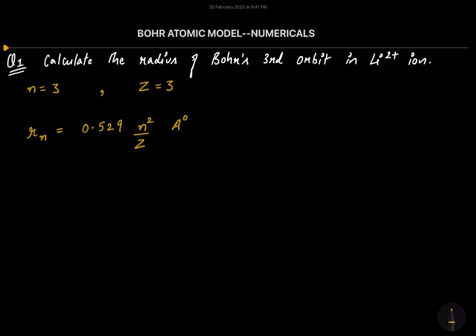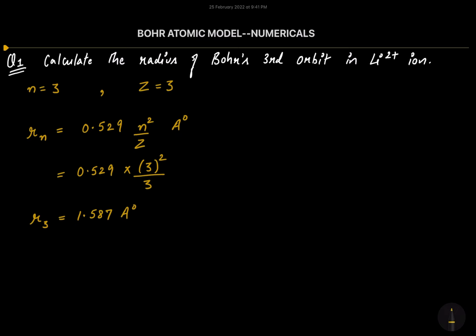It comes out to be 0.529 times 3 square divided by 3, and this value comes out to be 1.587 angstrom. So the radius of the third orbit of Li2+ ion is 1.587 angstrom.